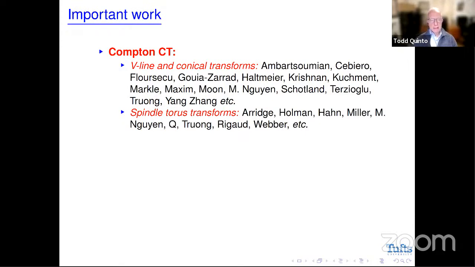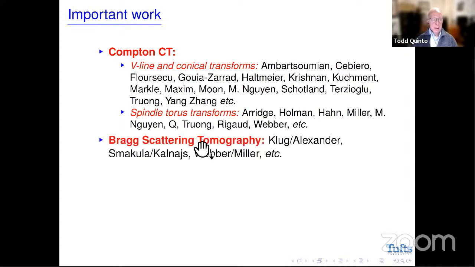And Simon Arridge, Holman, Bernadette Hahn, Rigaud, Weber, and so on. And then in Bragg scattering tomography, I'm not aware of as much, but the article of Weber and Eric Miller of our electrical engineering department talked about that, Klug and Alexander.